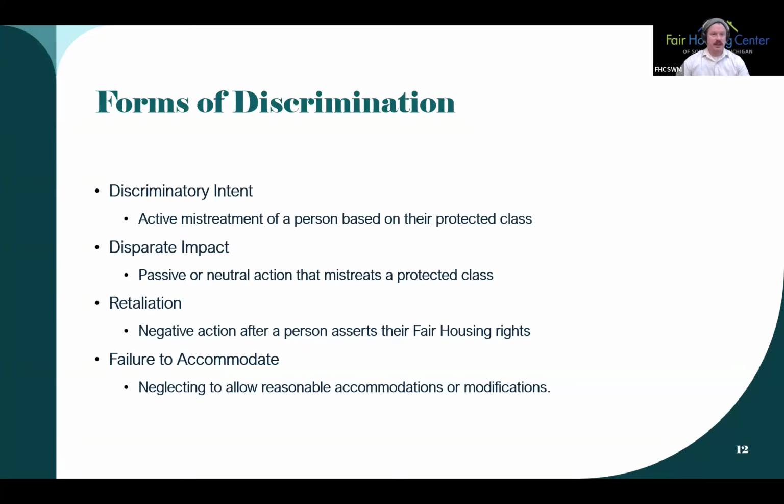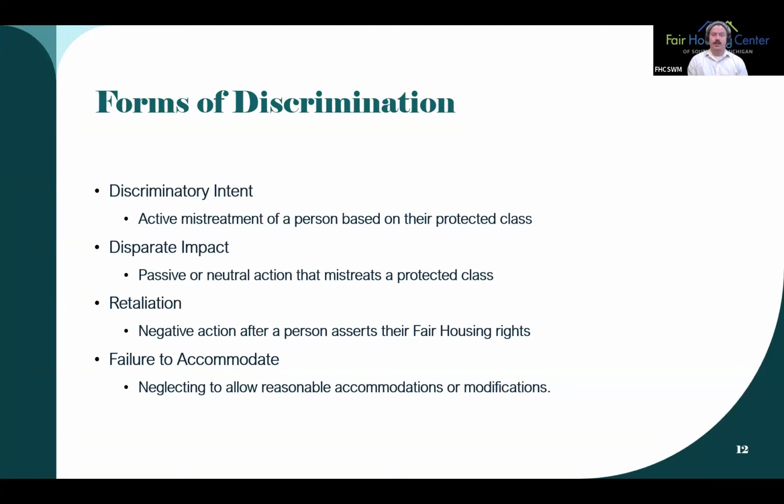Retaliation is any negative action after a person asserts their fair housing rights, and it's always out of bounds. So even when a complaint would not itself have constituted an example of illegal housing discrimination, a retaliatory action like raising the rent or withholding maintenance, that retaliation is certainly a violation of the Fair Housing Act.